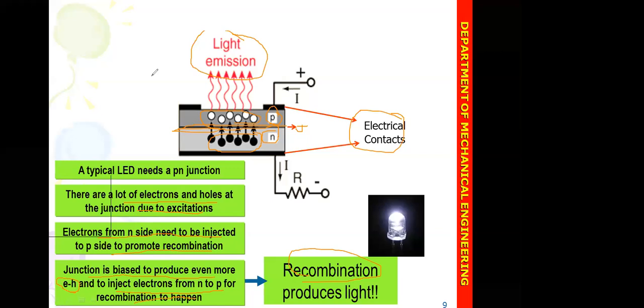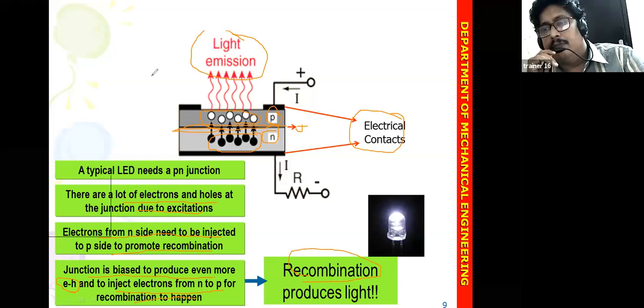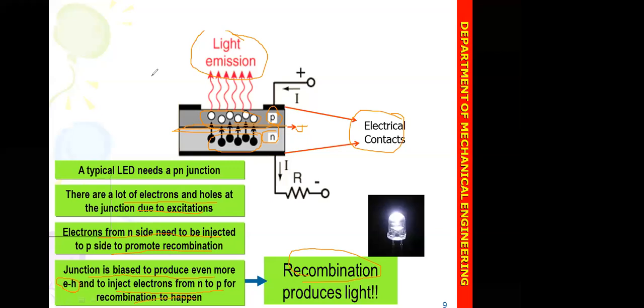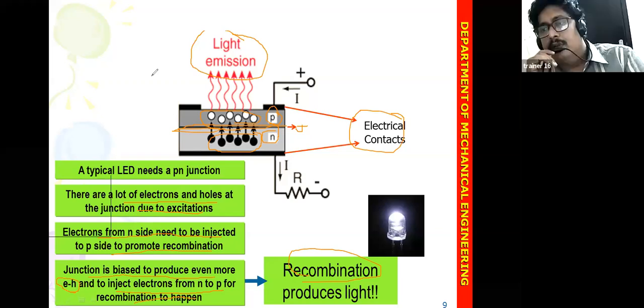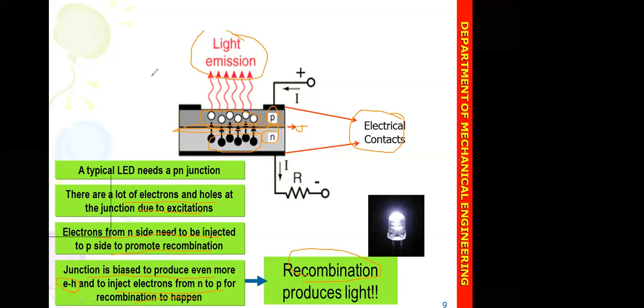Sir, P type. I'm asking about forward bias. Sir, forward is P type, positive majority charge carriers. Positive, sir. PN junction, forward bias. Yes, sir. Forward bias, right? Correct?